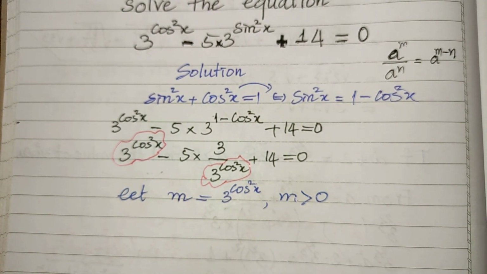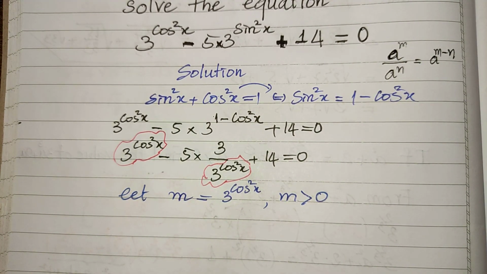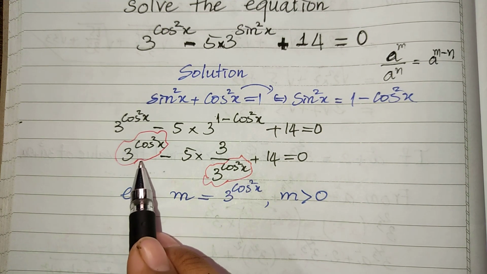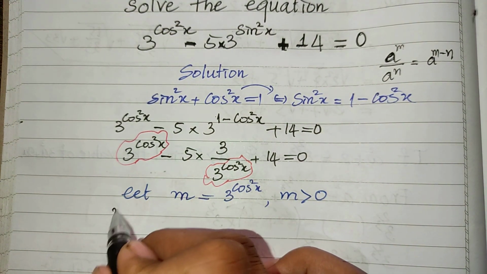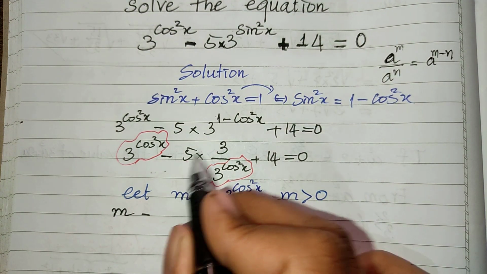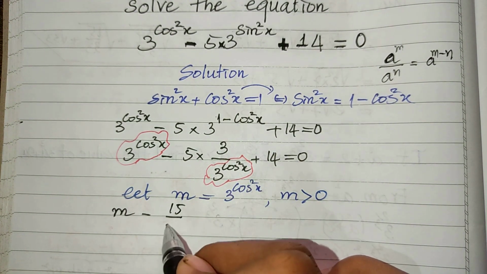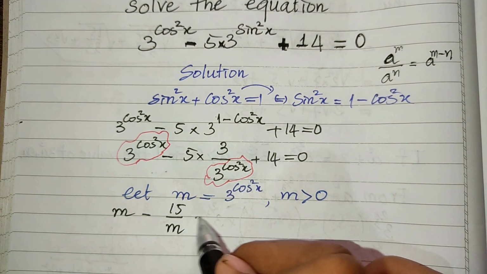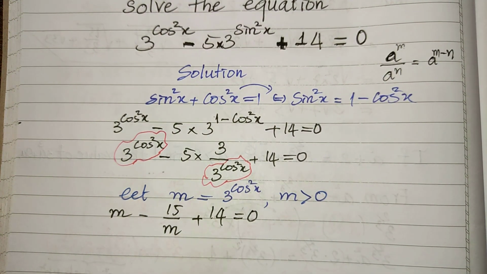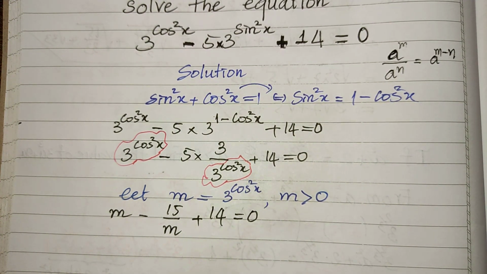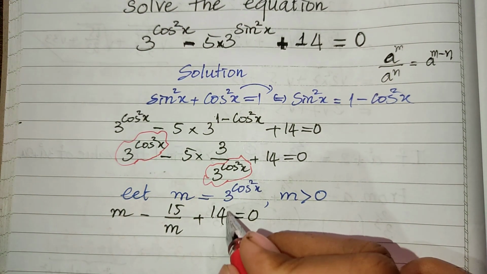We replace this by m and get m minus 5 multiplied by 3, which is 15, divided by m, plus 14 equals 0. Now I multiply this equation by m.